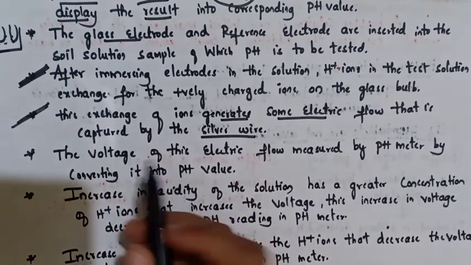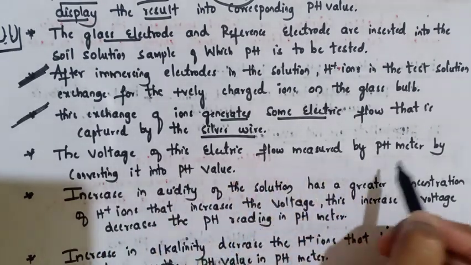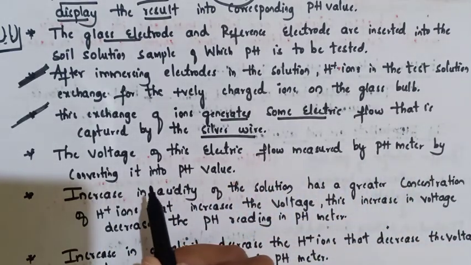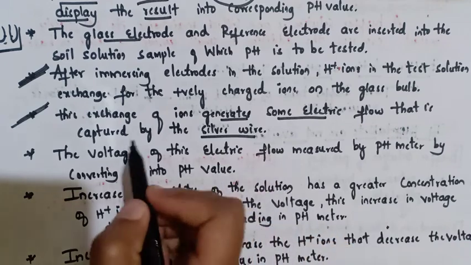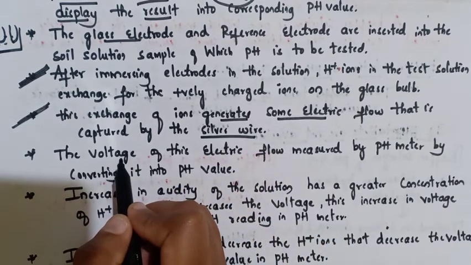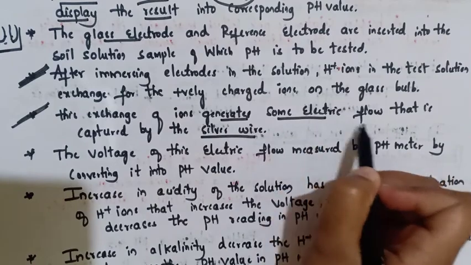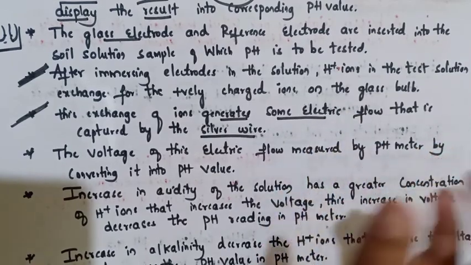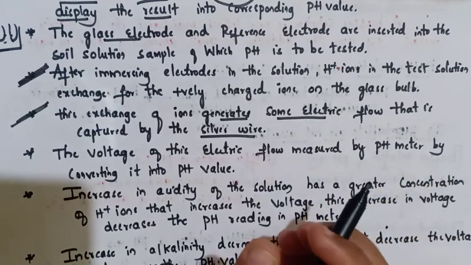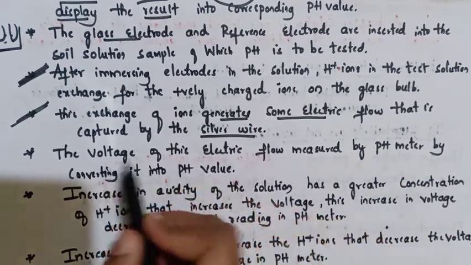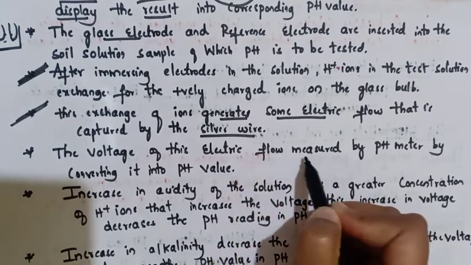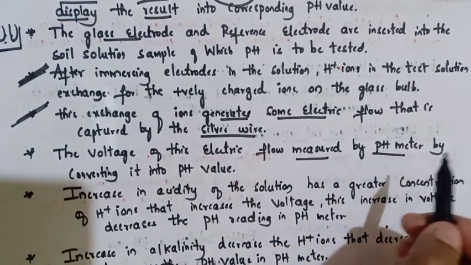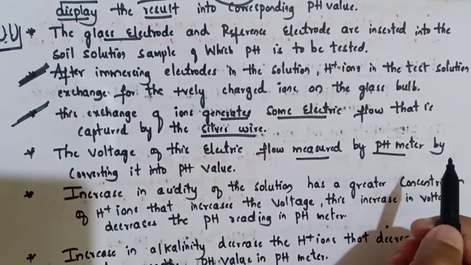Coming to the next point, the voltage of this electric flow is measured by the pH meter and converted into a pH value. I have said there is a generation of electrical flow when this exchange of ions takes place, which is captured by the silver wire. Here, the voltage of this electrical flow is measured by the pH meter. That's the major principle.